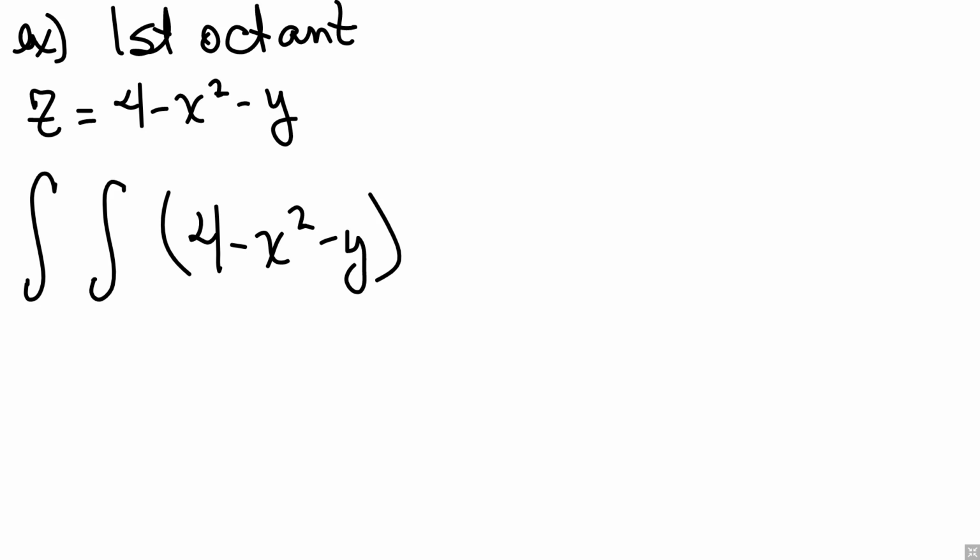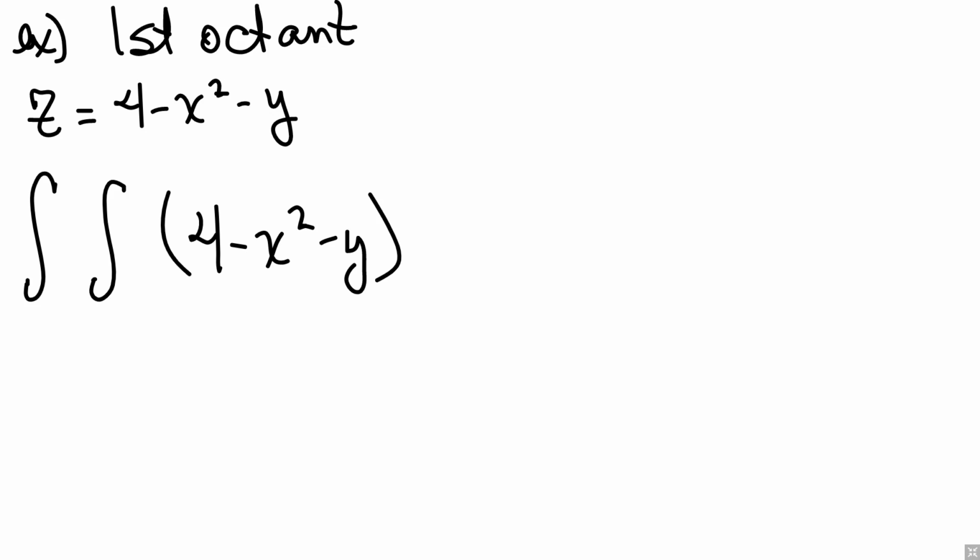We don't want y because y is in the function. And we need to make sure that it's not one of the variables we're integrating with respect to. Since we're doing a double integral, we're working with x and y. If we were doing a triple integral, then we would be working with x, y, and z, as long as we're working in the rectangular coordinate system.